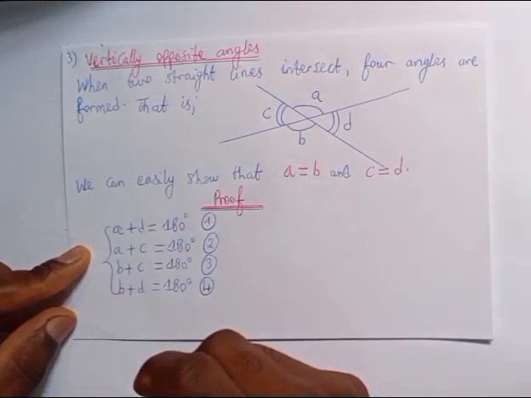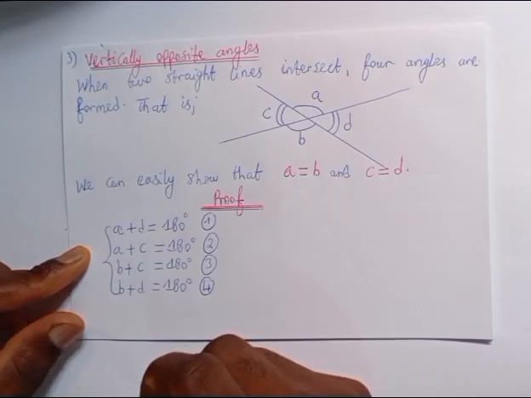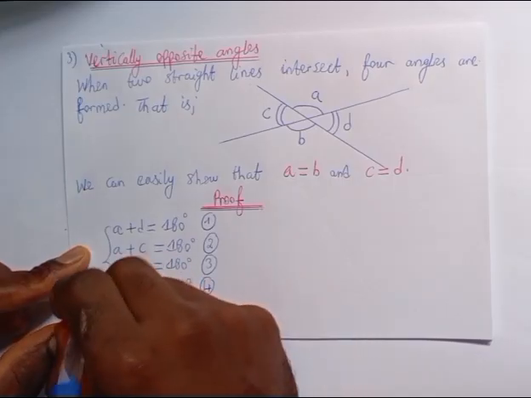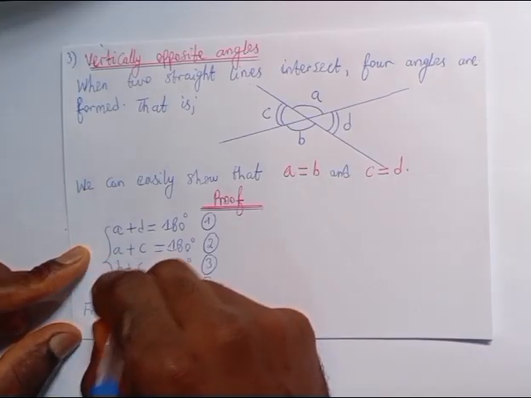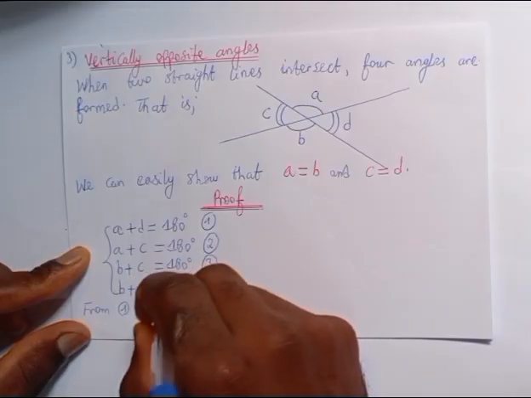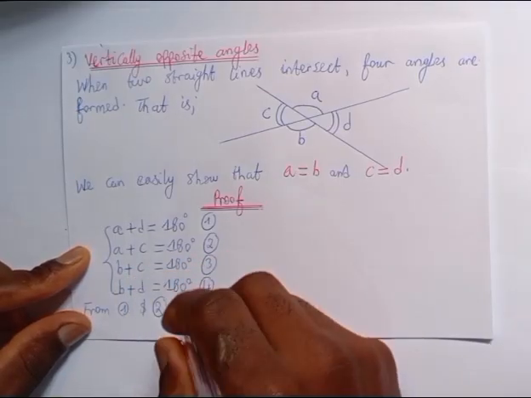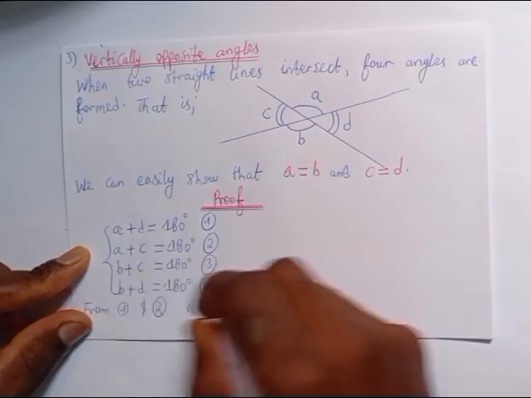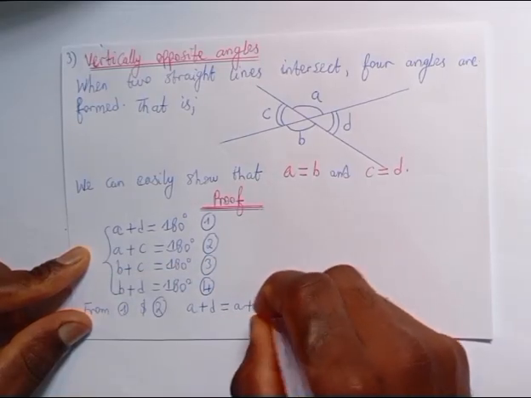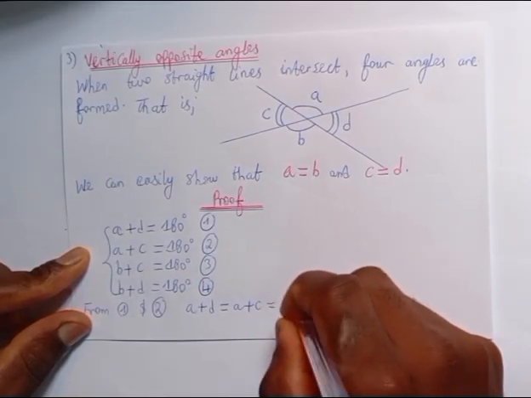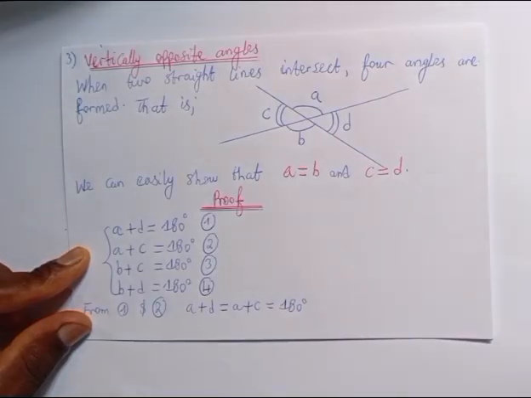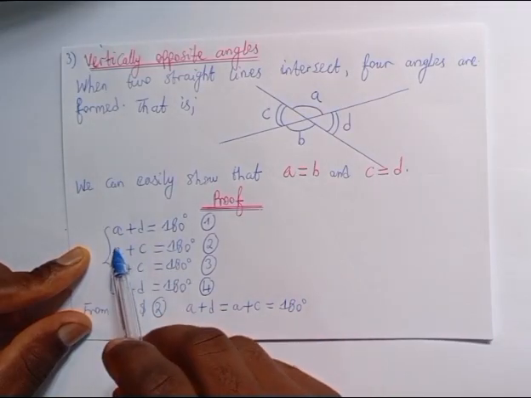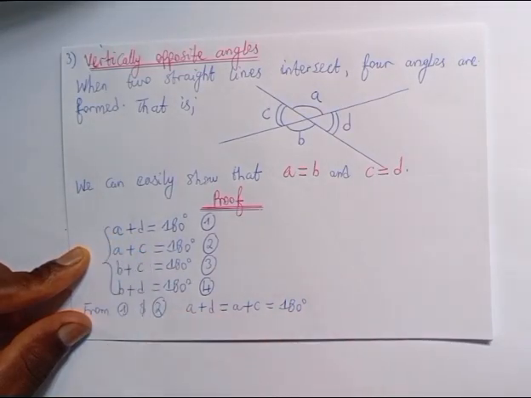Next, if we take from equation 1 and equation 2, you see that A plus D is equal to A plus C, which is equal to 180 degrees. They are equal. That means this sum should be equal to this other sum.